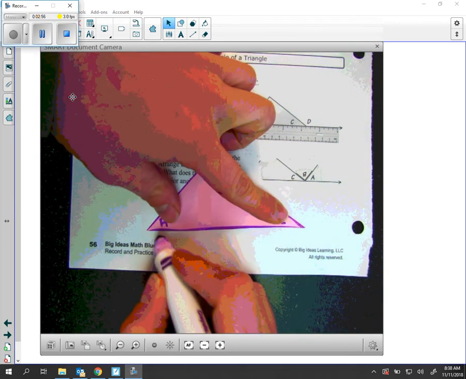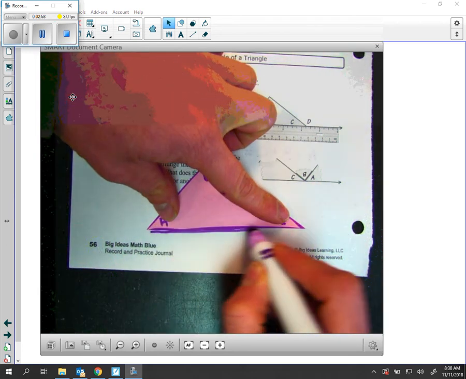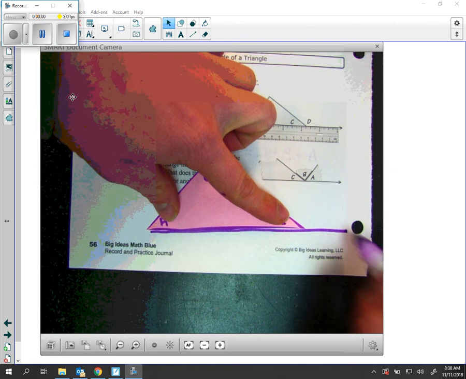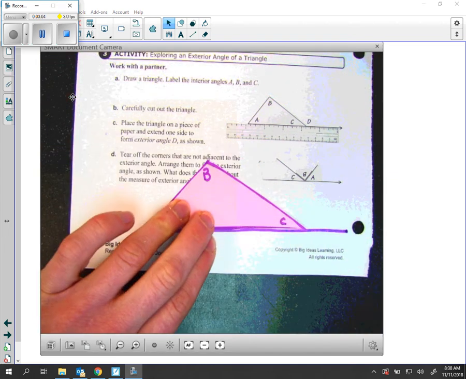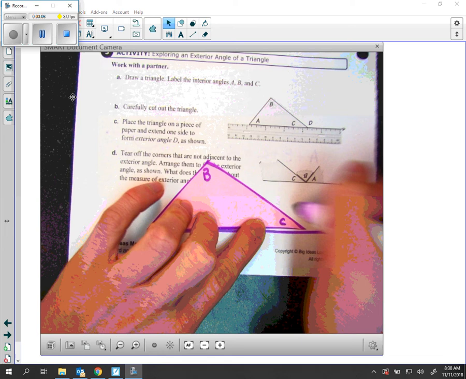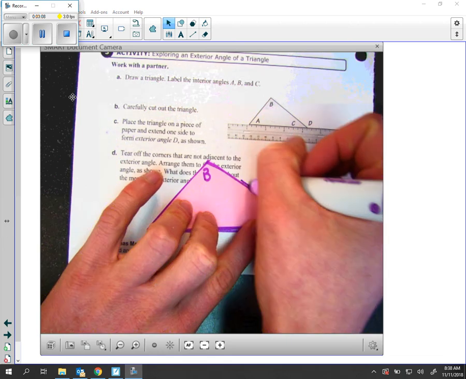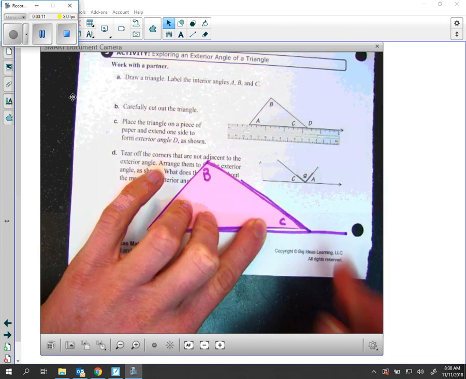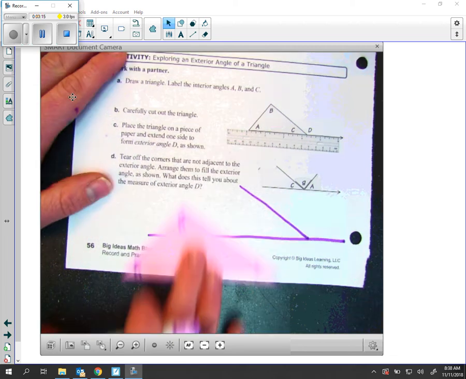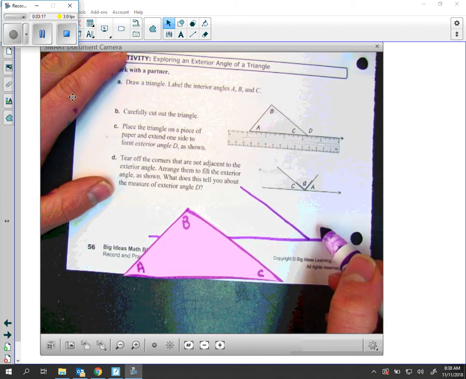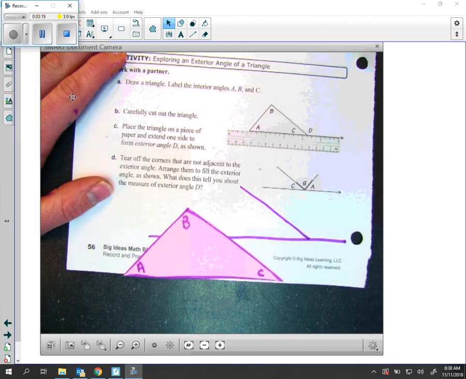I'm going to go from A to C and extend my line. That will form that exterior angle right there. All right, so now I have my line. My triangle fits in here, and I have this exterior or outside angle.